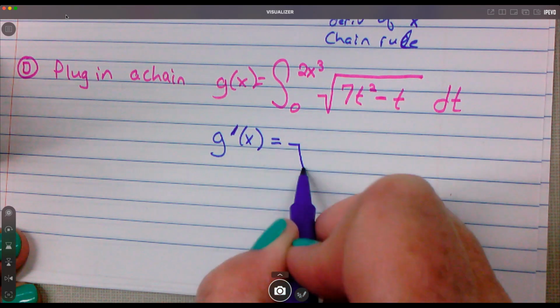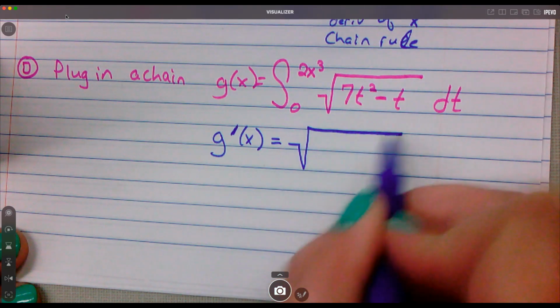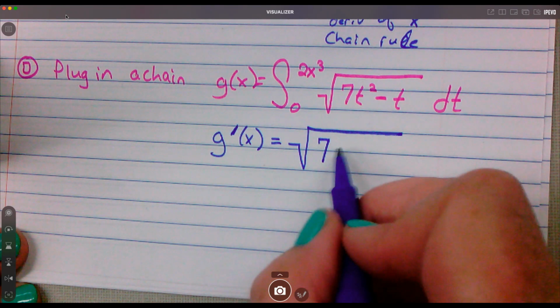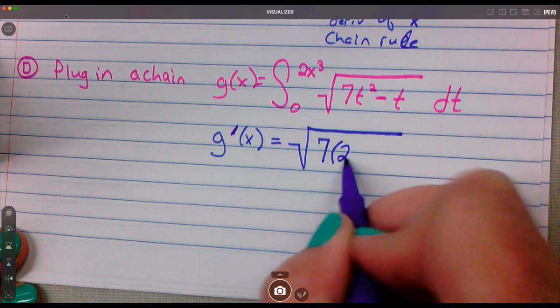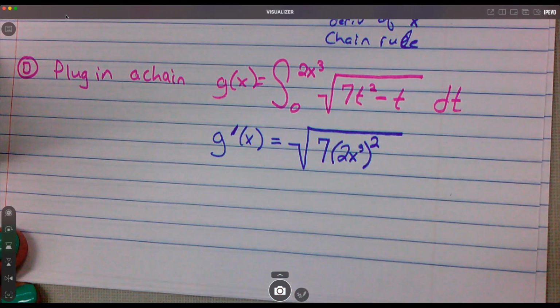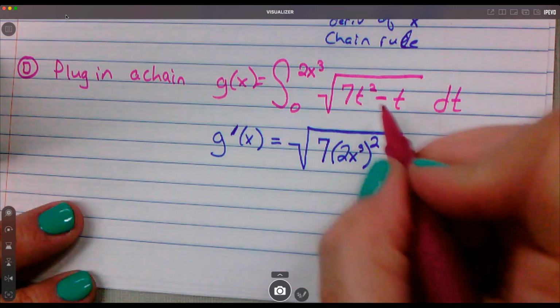So I still keep my root sign. And since it's t squared, when I put in 2x to the power 3, I'm going to need to square 2x to the power 3 because the t had a square on it. Does that make sense?